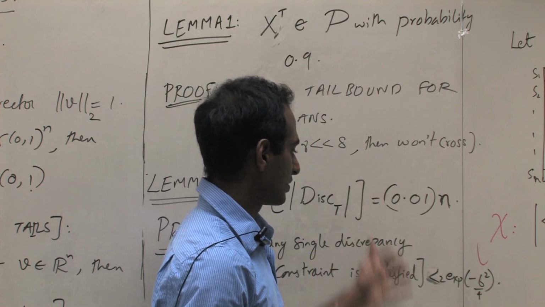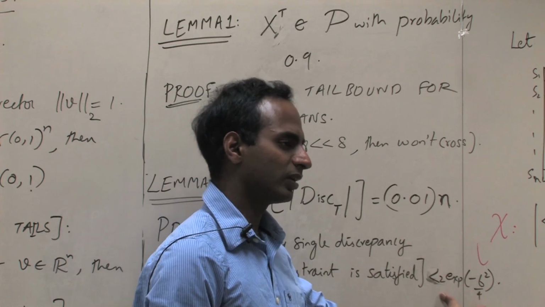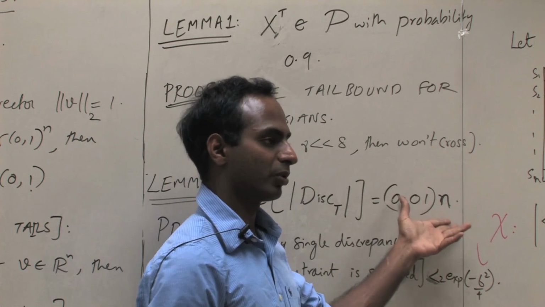And if there are n constraints, the total number of discrepancy constraints satisfied would be n times this number, which is smaller than 0.01.